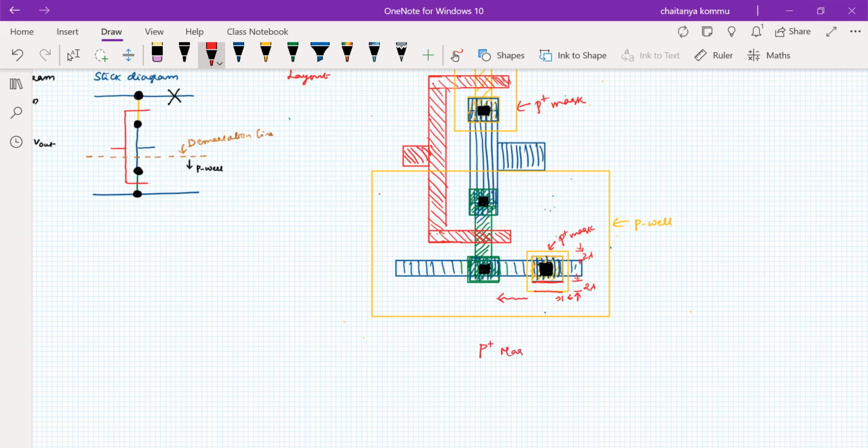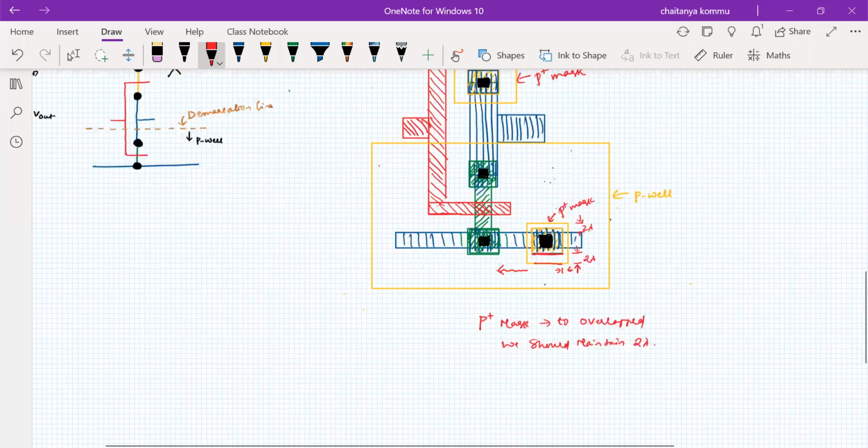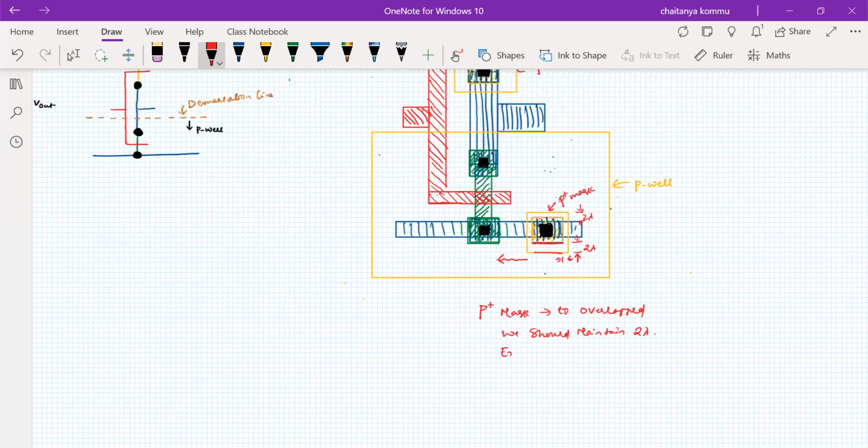For a P plus mask to the overlap region, we should maintain 2 lambda, except towards the N diffusion contact.